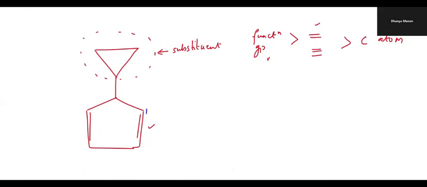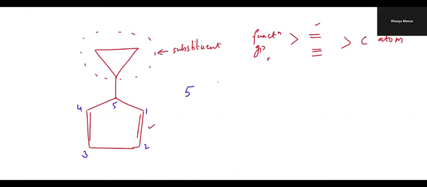I cannot put 2 here because I told you if one end of the double bond is getting 1, the other end will get 2. 2, 3, 4, and 5. So at the 5th position, we have the substituent. What is the name of the substituent? Substituent is at the 5th position.